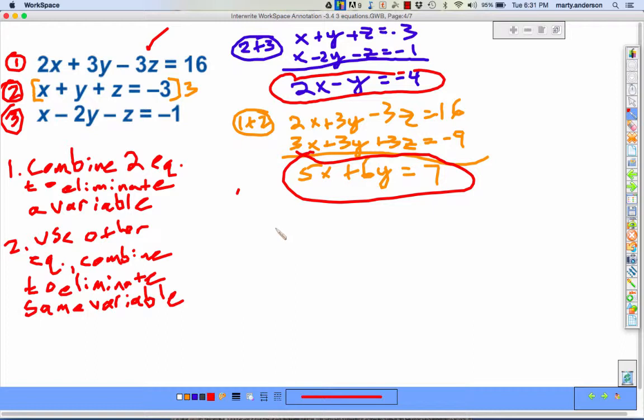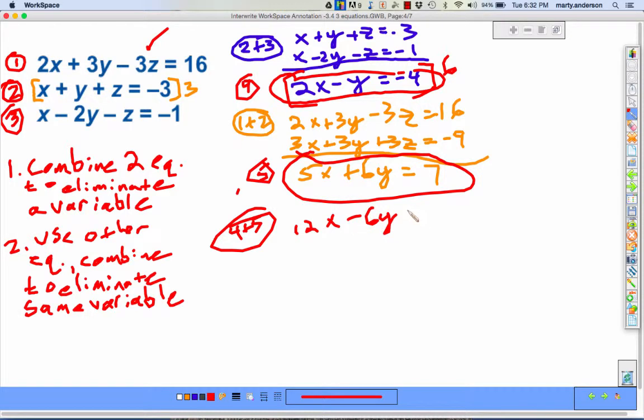So I'm going to take my new two equations, let's call it equation 4 and equation 5. You don't have to. I'm going to put 4 and 5 together, and I'm going to multiply equation 4 by 6. So if I do this whole thing times 6, I get 12x minus 6y equals negative 24, and I'm going to combine that together with 5x plus 6y equals 7.